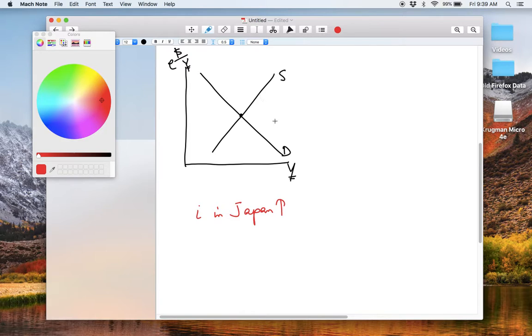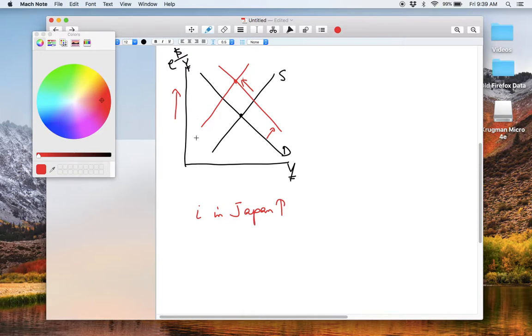In fact, they're going to bring in whatever money they had abroad, they're going to bring it back to Japan. So the supply of yen will shrink. And more foreigners want to go and invest in Japan, so the demand for yen will increase. As a result, the yen will appreciate.